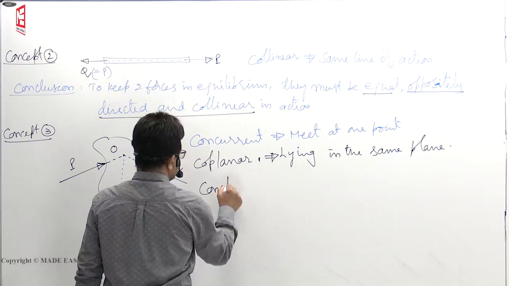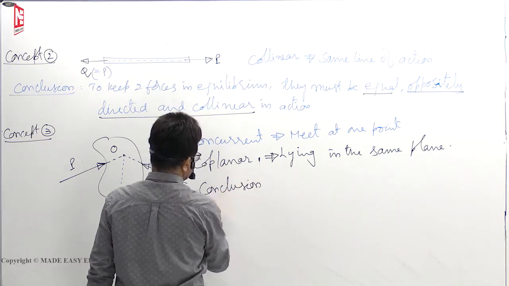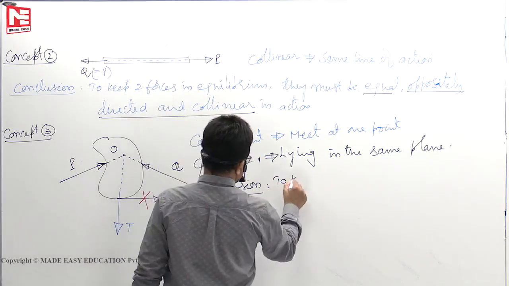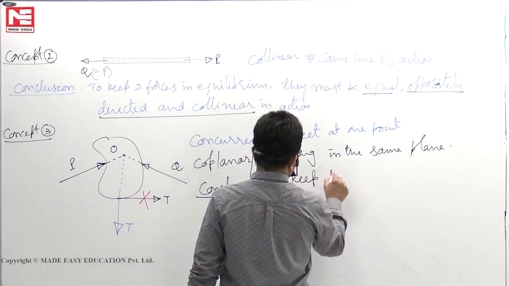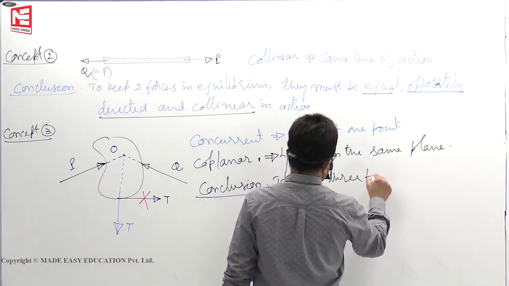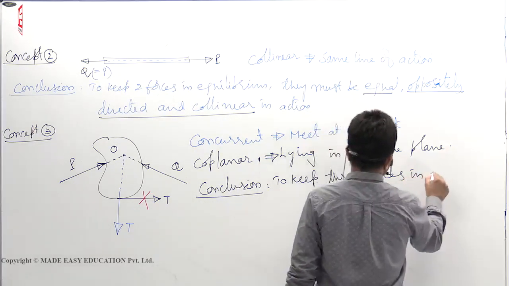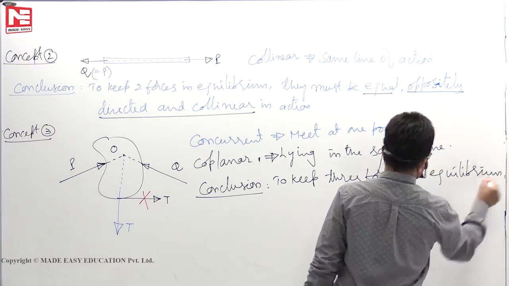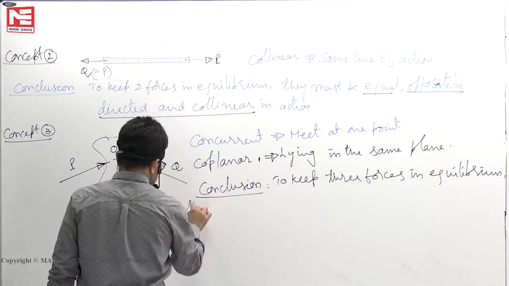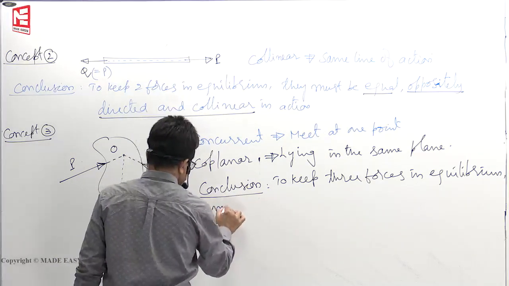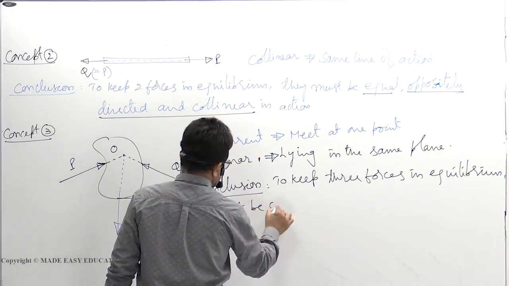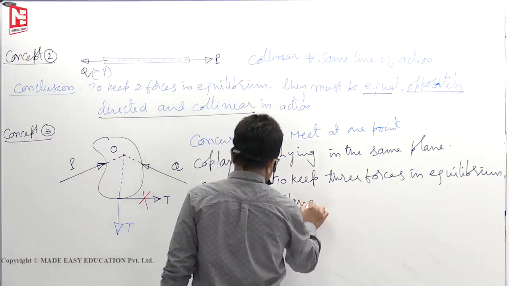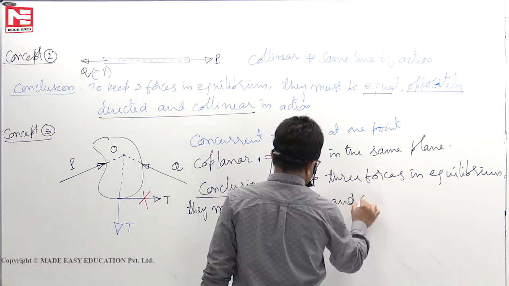So, conclusion. To keep three forces in equilibrium, they must be coplanar and concurrent.